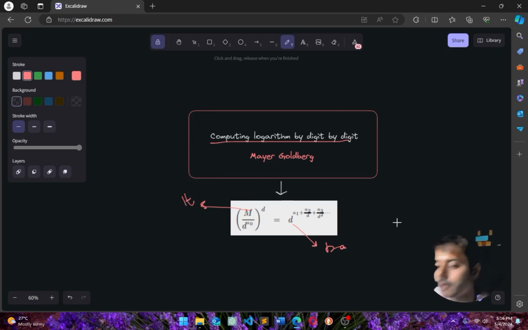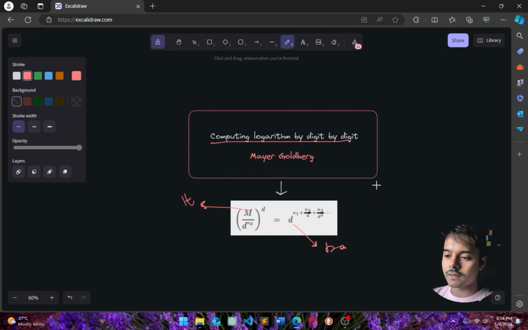If you are interested to learn more about this, you can Google it. It's a paper you can read to understand how it works.